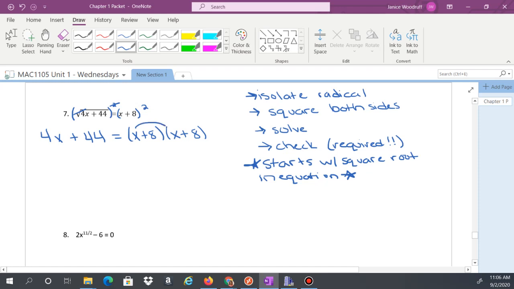So we're going to go x times x, x squared, plus 8x plus 8x plus 64. That's going to give me an x squared plus 16x plus 64. I'm going to bring this down.